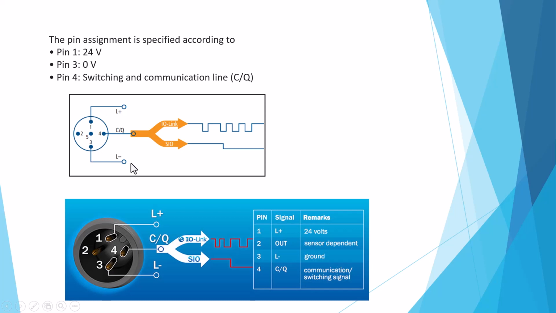Pin 3 connects to 0, which is negative. Pin 4 connects to the IO-Link communication line. Look like this, yes, 24 volts. Pin 2 is used if you use a digital output.